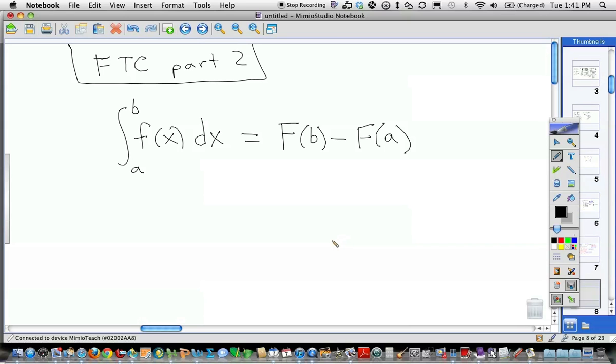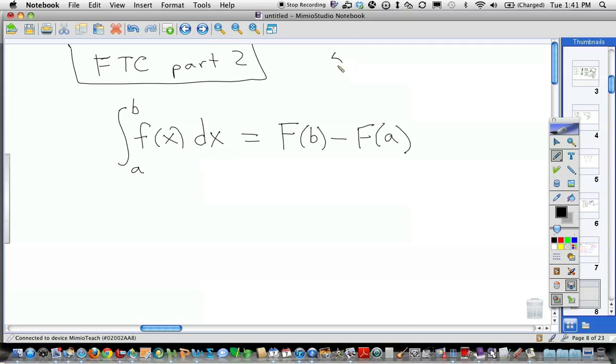And that will give you the area. That's very useful. It's a result of what we learned about fundamental theorem part 1. But this is what we just learned in problems 61 through 64.